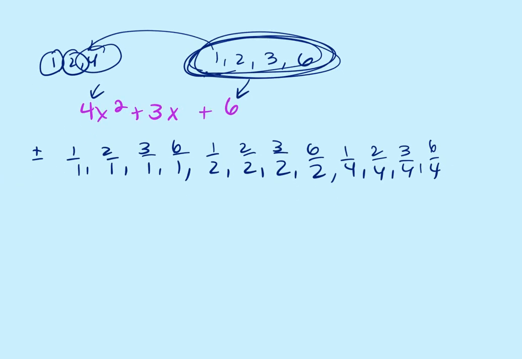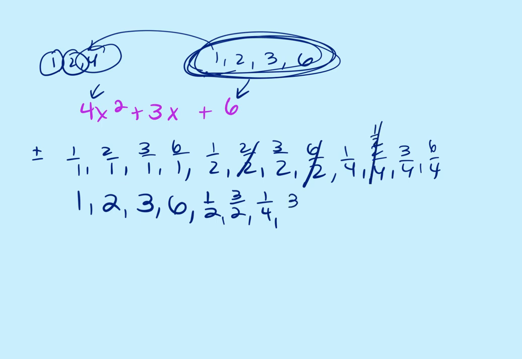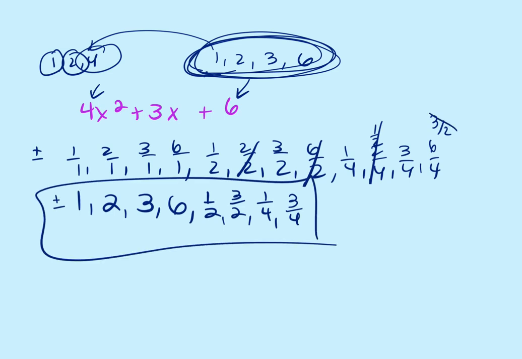And then I simplify. So this is 1, 2, 3, 6, 1/2. This is 1. I already have it. 3 over 2. This is 3. I already have it. 1/4. This is 1/2. I already have it. 3/4. And this is 3/2. I already have it. So this, with a plus and minus in the front, is your possible bank, okay?